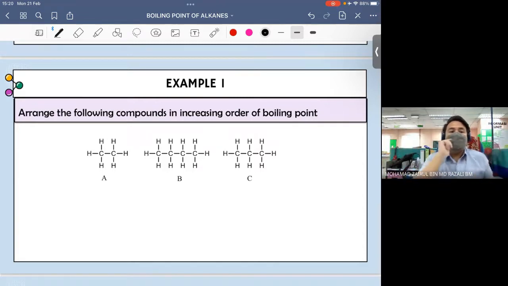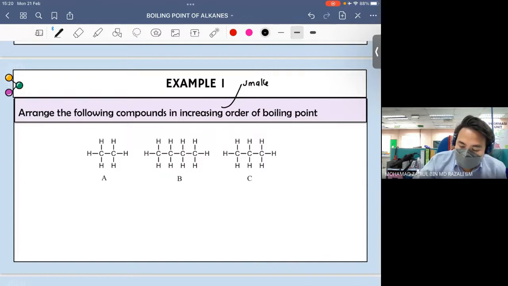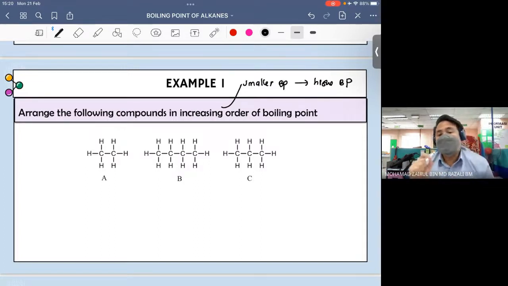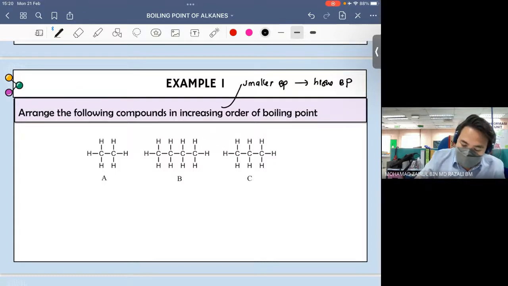So now example 1: arrange the following compounds in increasing order of boiling point. Increasing order of boiling point means from a smaller boiling point to the higher boiling point. First, you need to look at the number of carbons. Before we check whether they are isomeric, we need to check how many carbons they have.